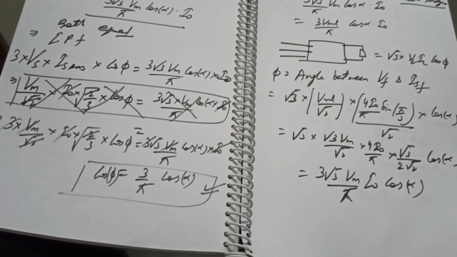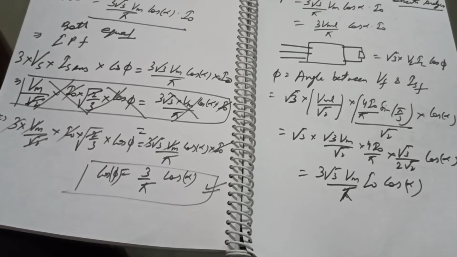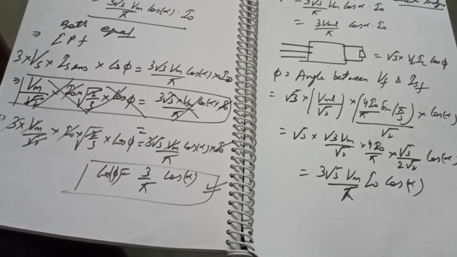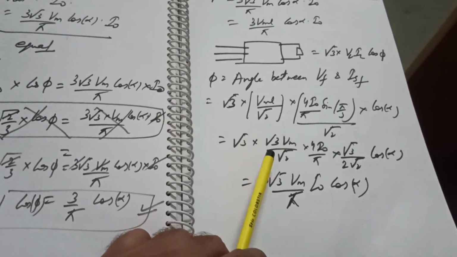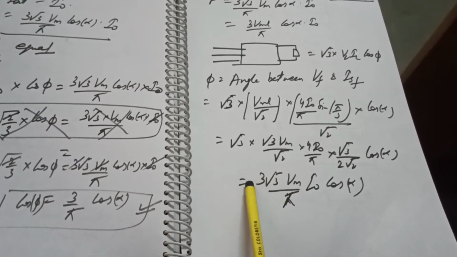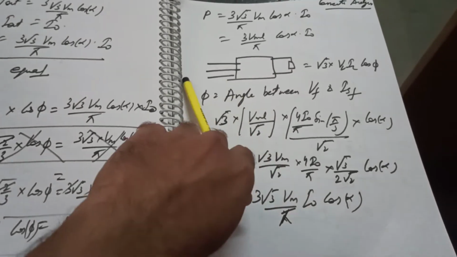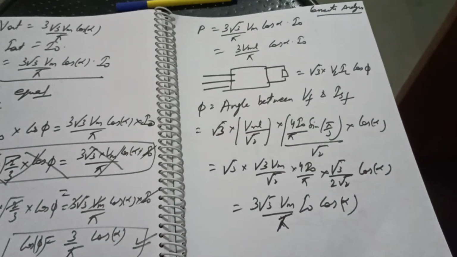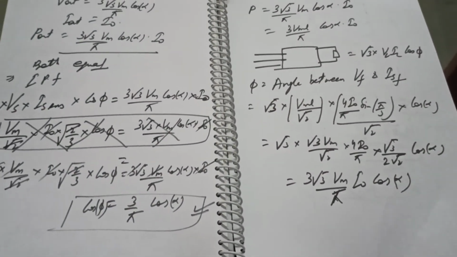Okay, now if we take this value, this is basically nothing but, when we solve this, we obtain 3 root 3 Vm I naught cos alpha by pi. That is exactly the power that we obtain when we are only concerned about the average output voltage and average output current.